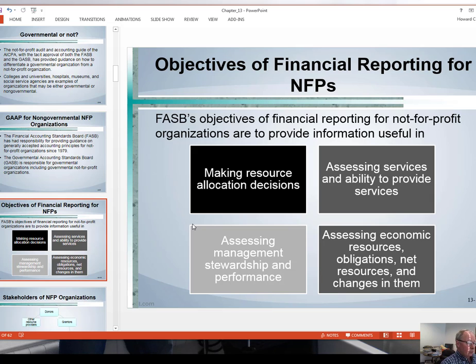There are really no stakeholders other than people that support the organization. They have stakeholders, but not shareholders; there's no equity interest. But they do get contributions, so there are a lot of voluntary non-exchange transactions, and the emphasis in financial reporting is providing information to those stakeholders so they can see how their money is spent.